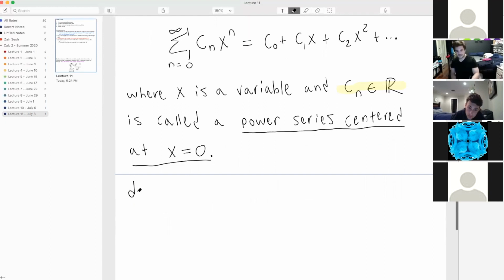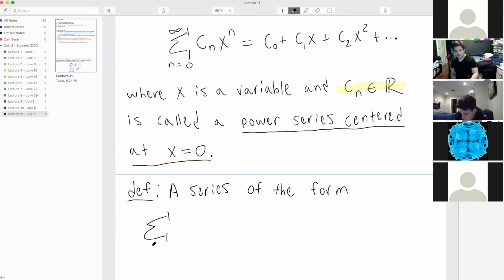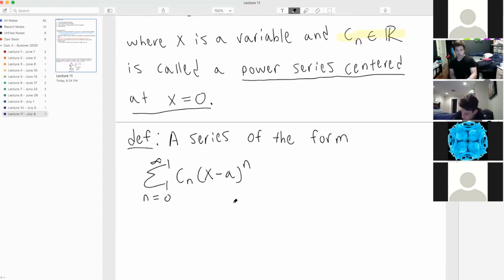Second definition. A series of the form sigma n equals 0 to infinity, c_n now being multiplied by (x minus a) to the nth power. Again, the c sub n are real numbers, and also this a that we have here is a real number.